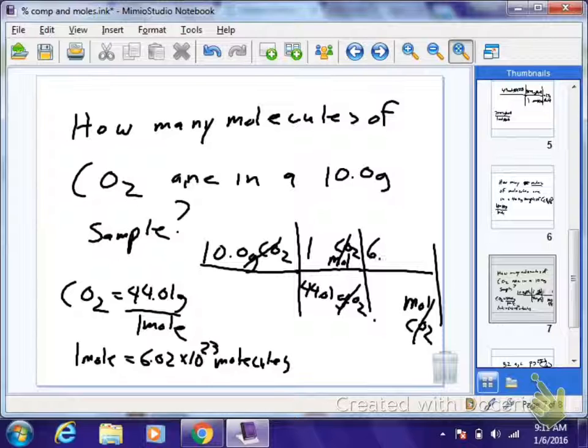So it'd be 6.022 times 10 to the 23 molecules to 1 mole. Okay? And then I just multiply it out. Is that 44.01? 44.01.